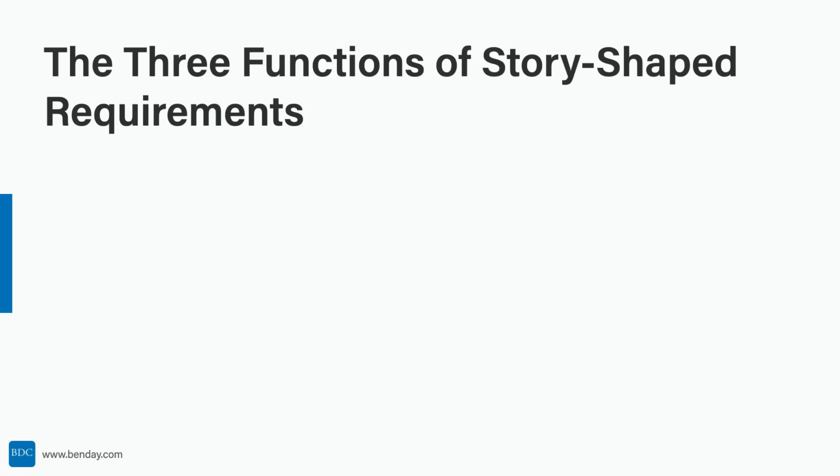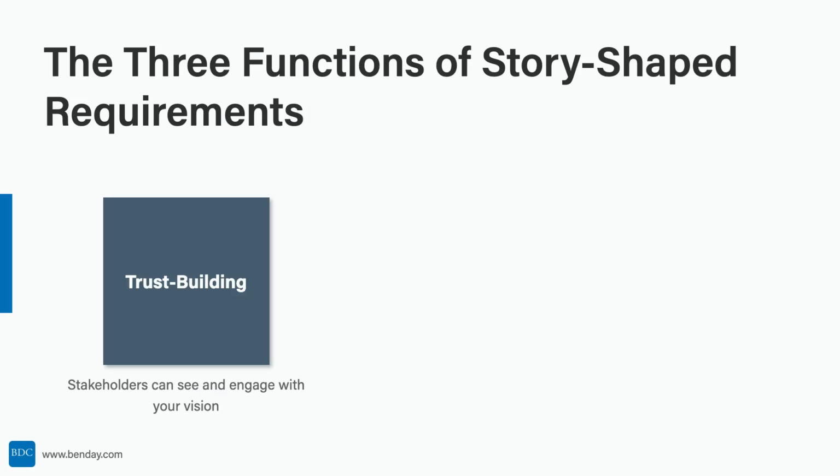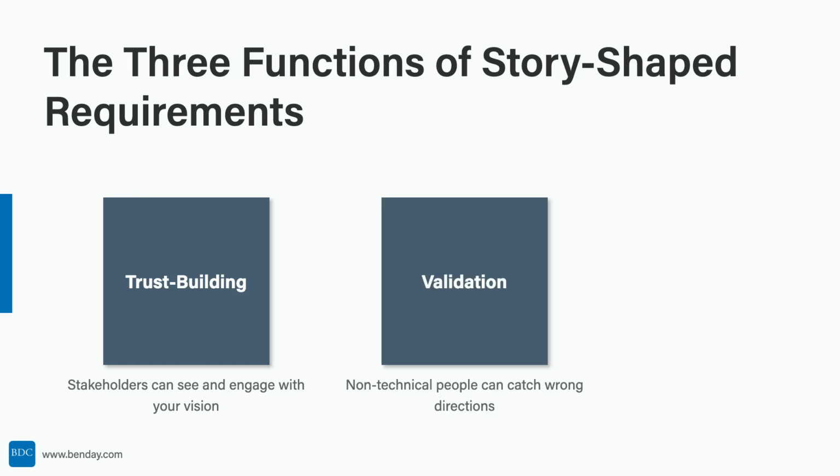Let me break down why story-shaped requirements are so powerful. They serve 3 functions. First, trust building. When stakeholders can read your list and understand what you're trying to accomplish, they can engage with it. They can validate it. They stop micromanaging because they can see you have a plan. Second, validation. Non-technical humans can read your requirements and catch when you're heading the wrong direction.